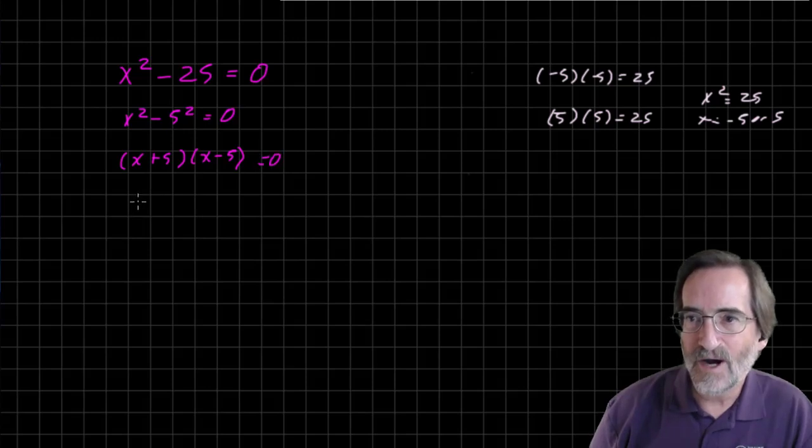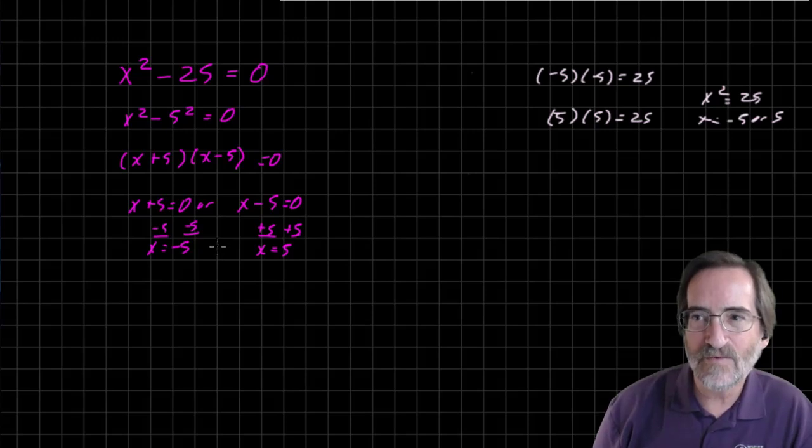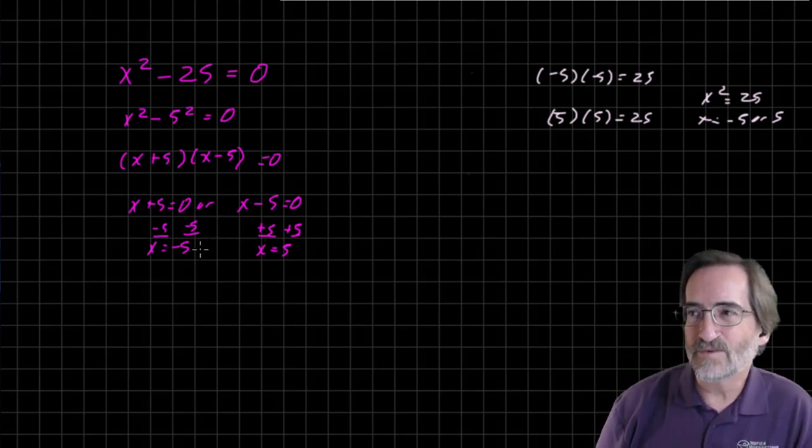And again, either x plus 5 equals 0, or x minus 5 equals 0, or x equals negative 5 if I subtract 5 from both sides, or x equals positive 5 if I add 5 to both sides. Same solution, slightly different way to think about it or write it, but both methods work just fine.